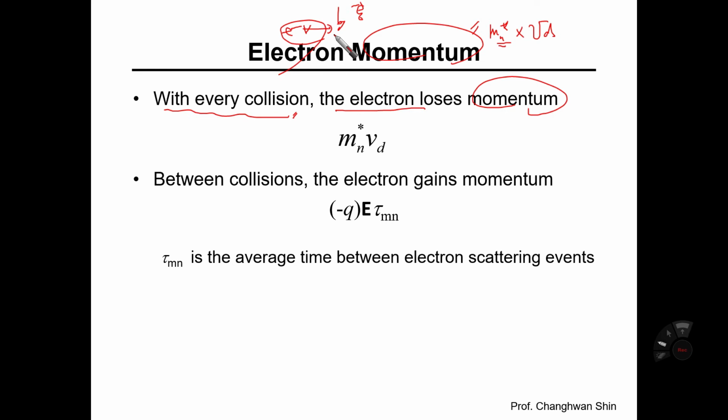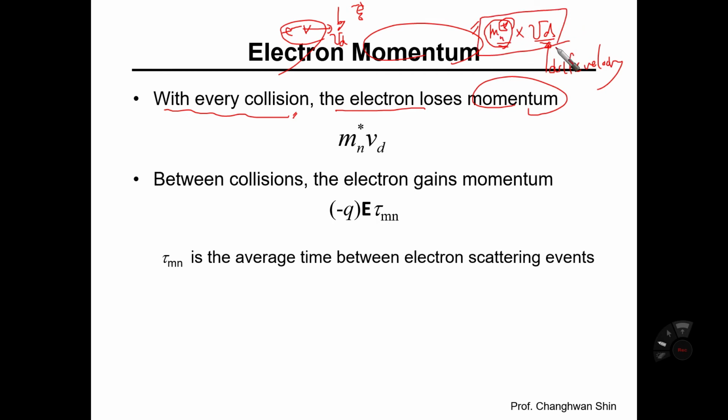So the velocity of this electron is described as v sub d, indicating drift velocity. Okay, with some effective mass, definitely, because the electron is now moving in a silicon semiconductor. So I have put the asterisk mark as superscript: m sub n asterisk times v sub d, the drift velocity.